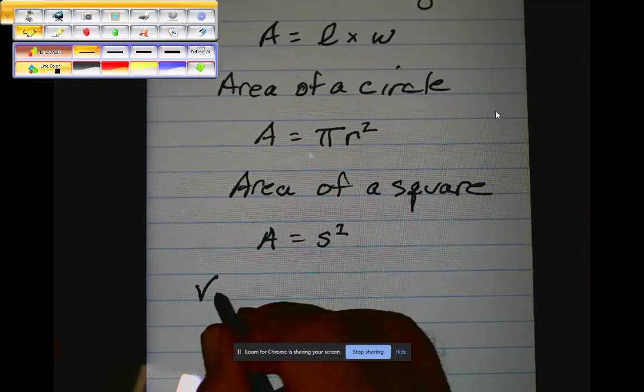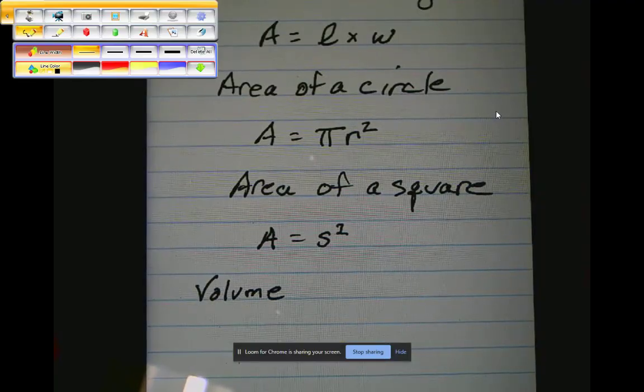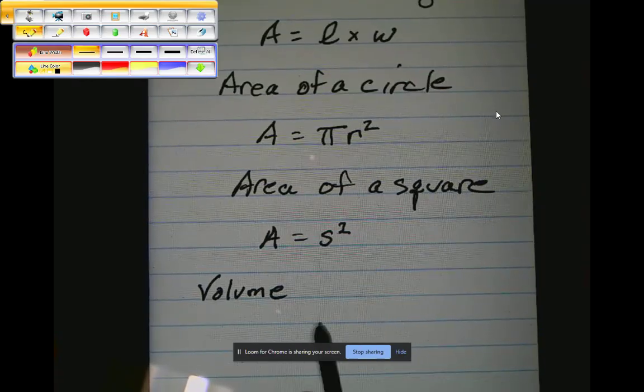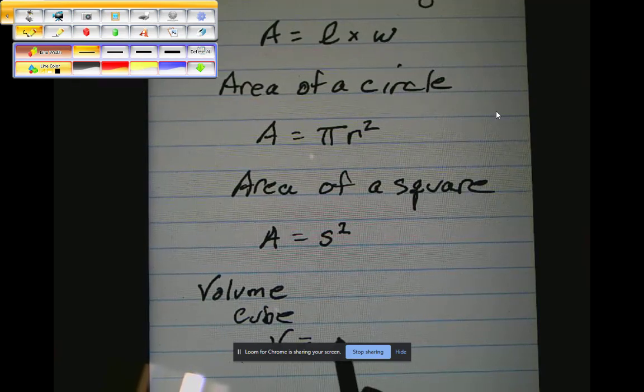Now, there's volume formulas as well. And so if we wanted, let's say we had a cube. The volume of a cube is, and a cube has all the edges the same length.